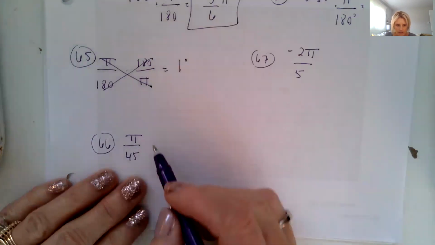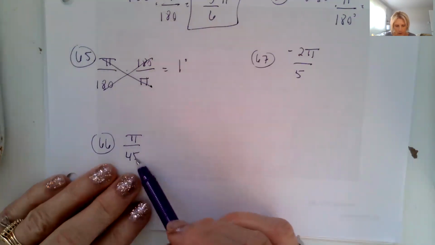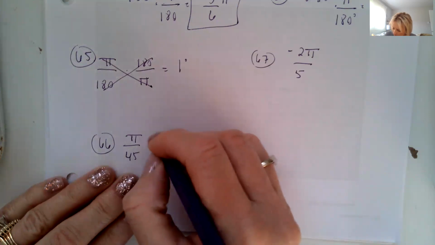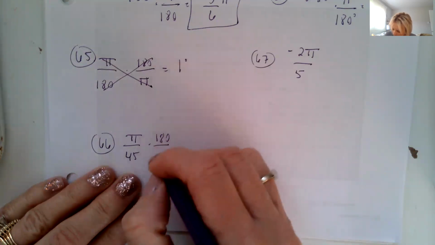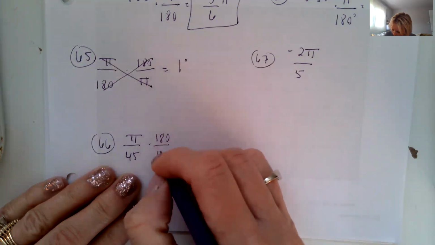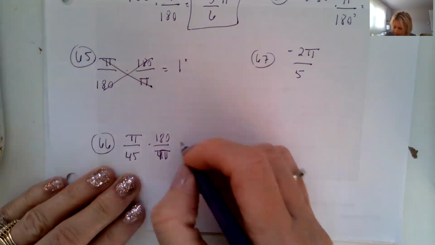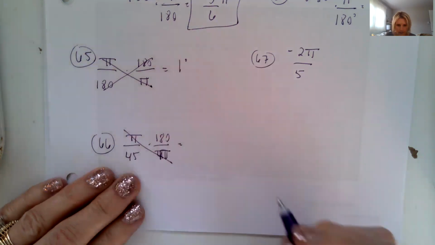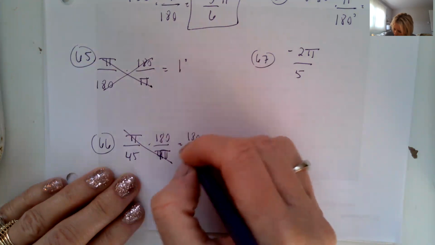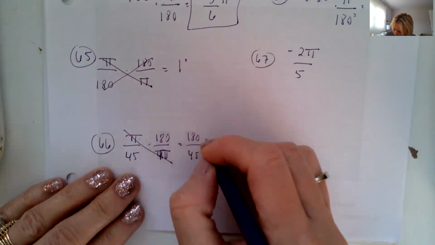Let's look down at number 66. 66 says pi over 45. So again, we're going to multiply by 180 over pi. The pi's cancel. So we're left with 180 divided by 45.